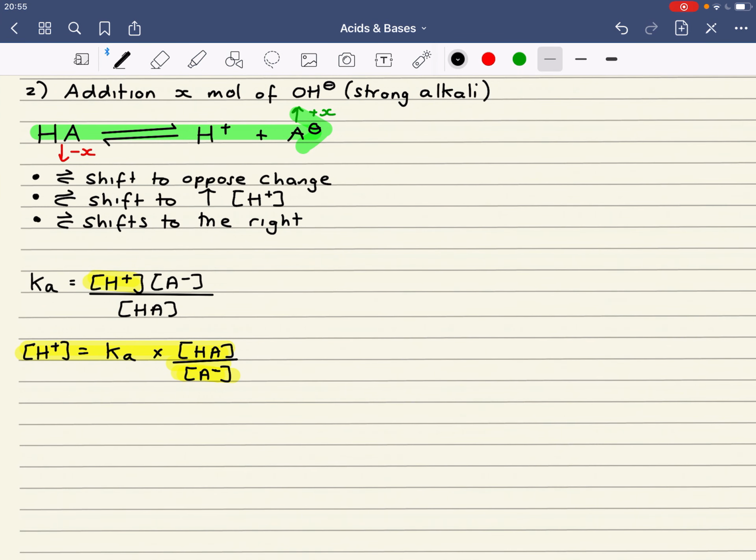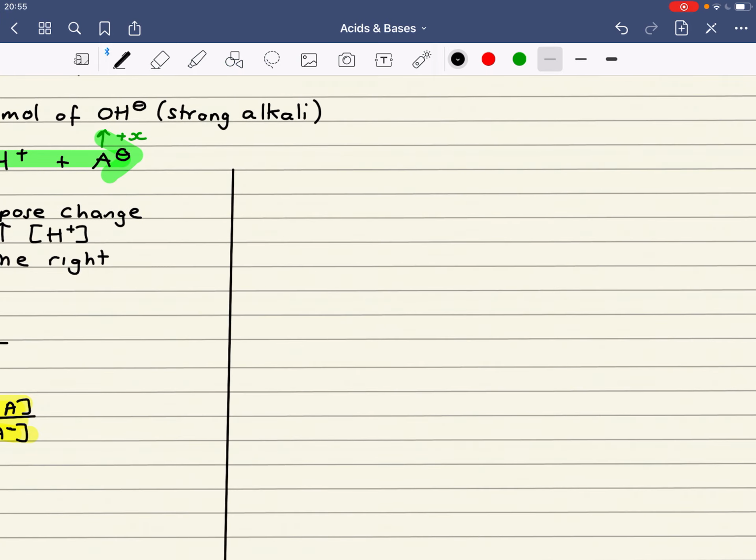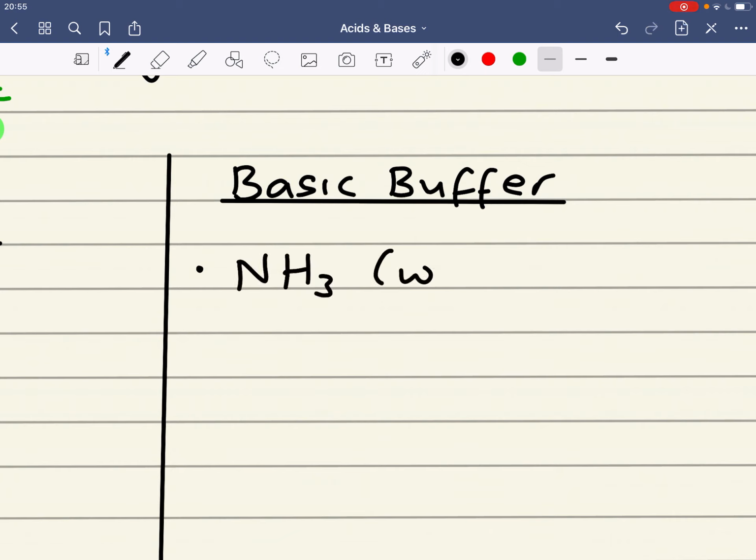I'm going to very, very quickly discuss basic buffers. So if you've got a basic buffer, this would be something like NH3, which is a weak base, and a salt of the weak base.